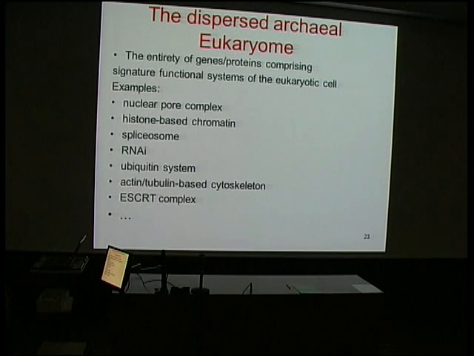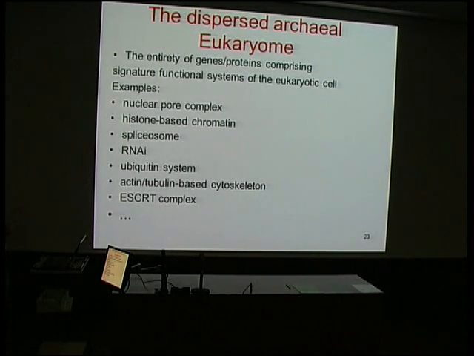I want to somewhat change the direction of the discussion now and try to justify the word rhizome in the title of my talk. And in doing so, I'll introduce this term, the eukaryome, which is a term of my own invention, a very easy invention, because there is an innumerable number of omes nowadays around.